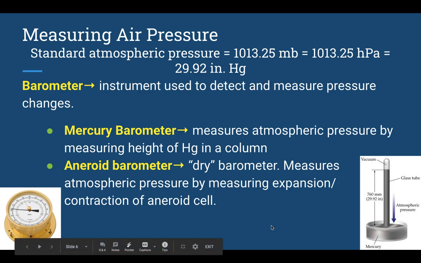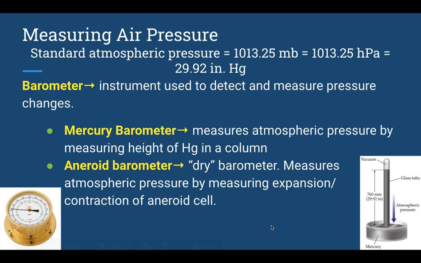To measure air pressure, we use things called barometers. Now, our standard atmospheric pressure is about 1,013.25 millibars, or 29.92 inches of mercury. Barometers are used to detect and measure pressure changes.